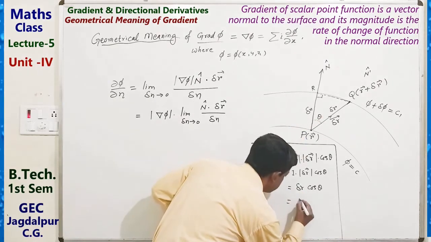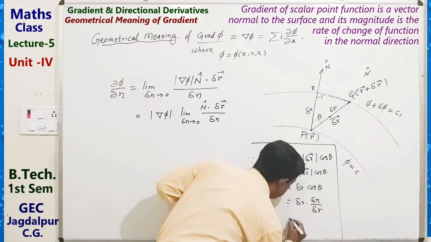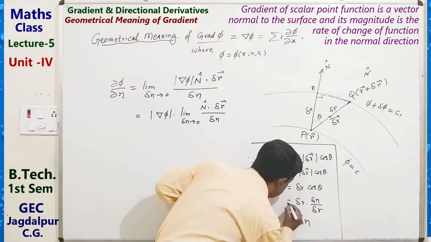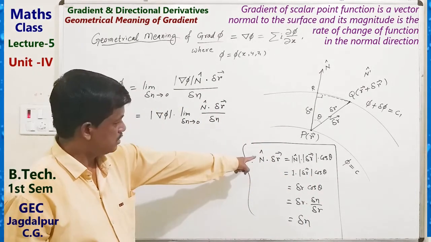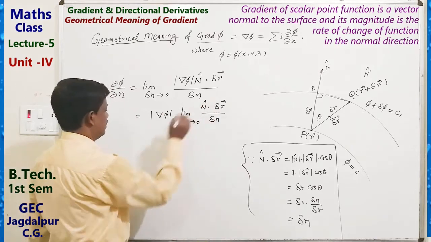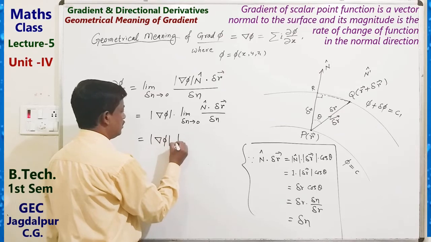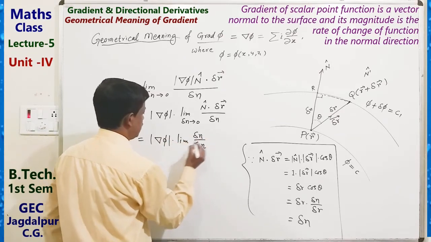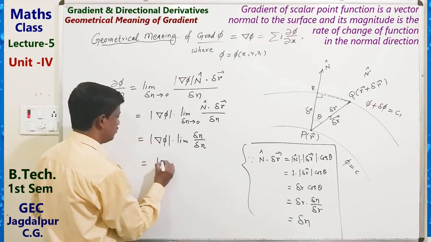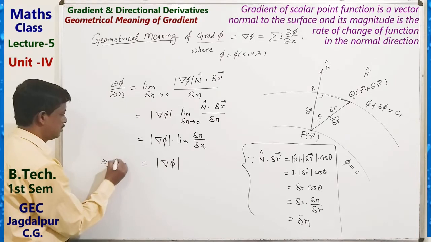So delta r cos theta equals to delta n. So this is equals to delta n. So mod del phi equals limit delta phi upon delta n.